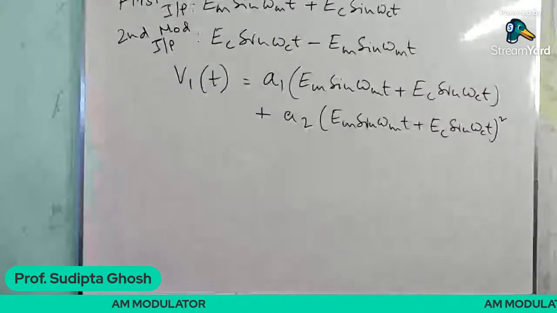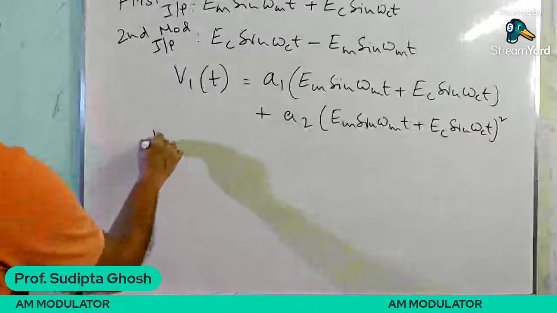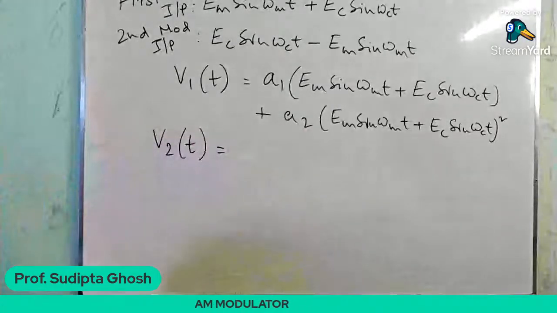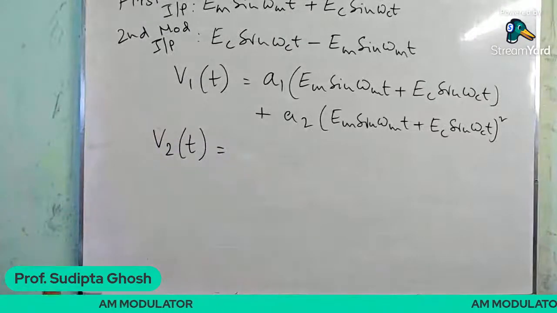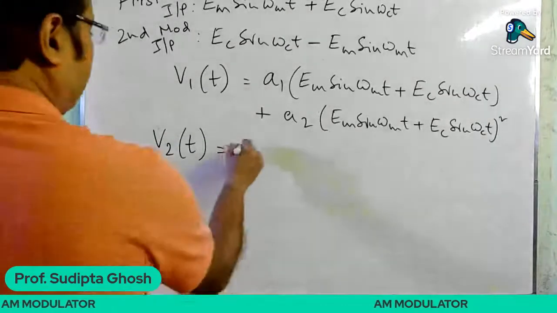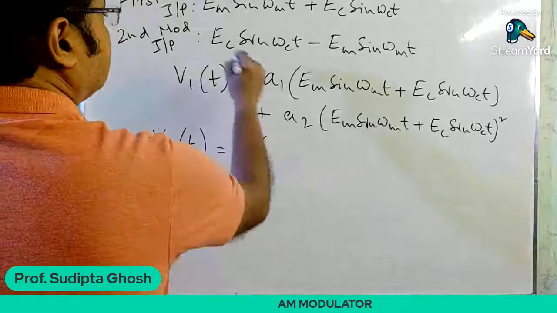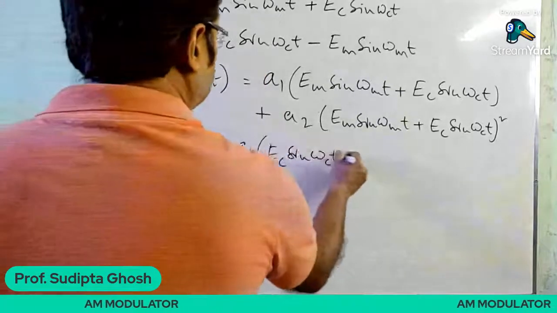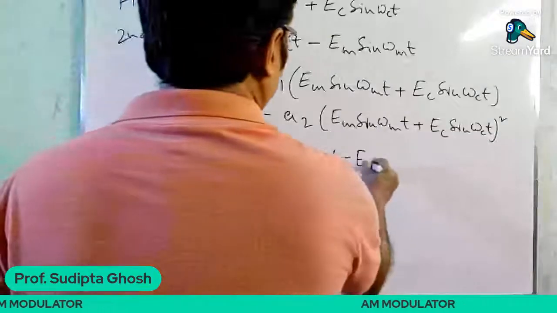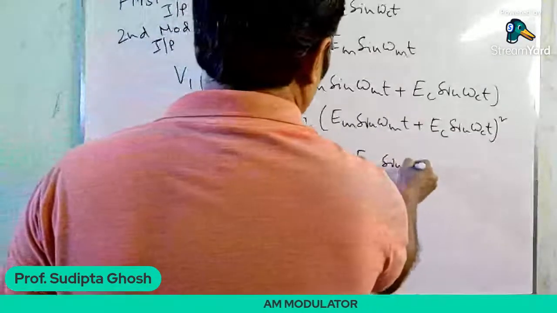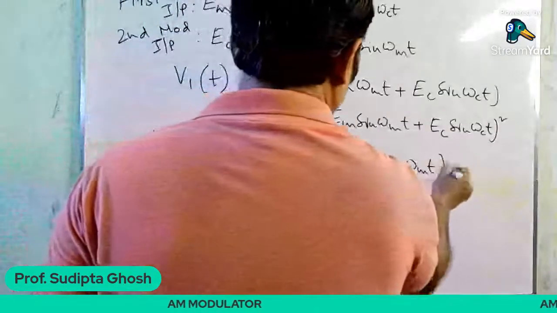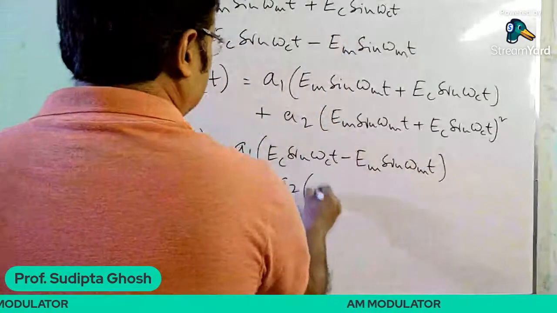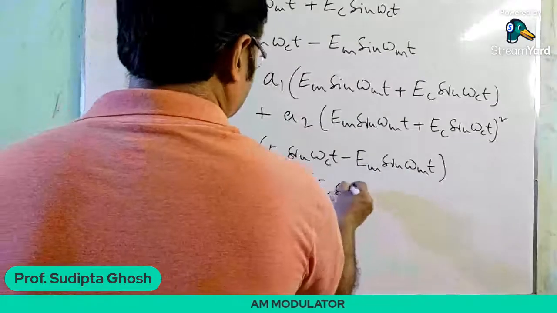Okay, now let us write the output voltage for the second AM modulator, and it will be A1 again. So it will be A1 into the input voltage (Ec sin ωct minus Em sin ωmt), then the constant A2 into the input voltage square.